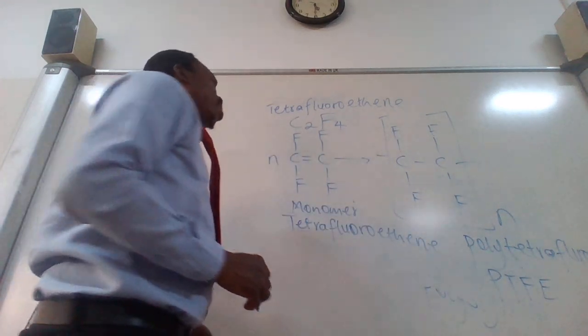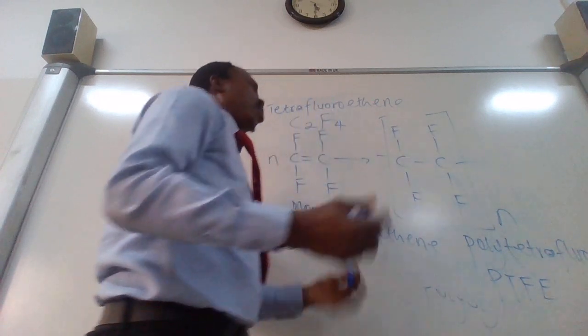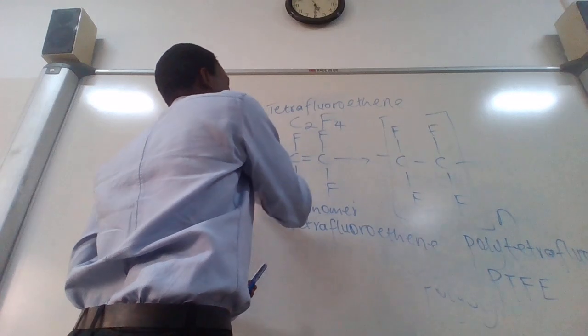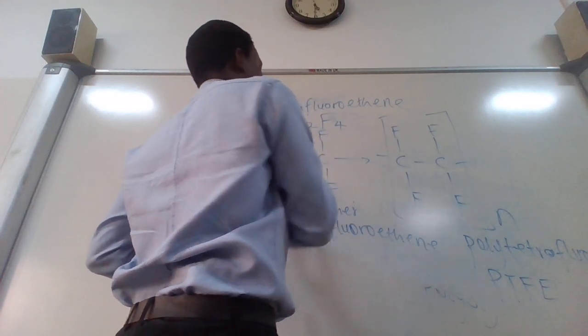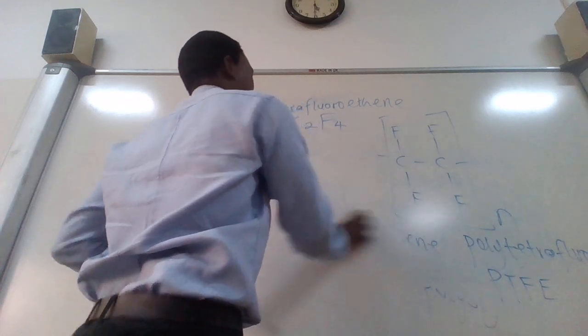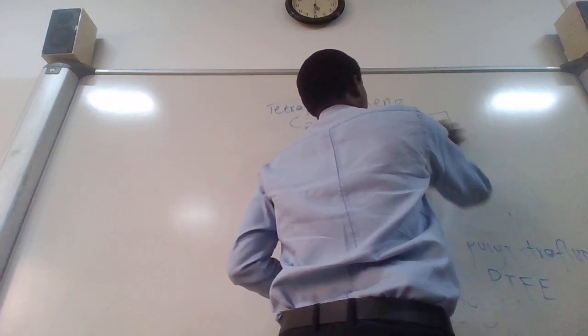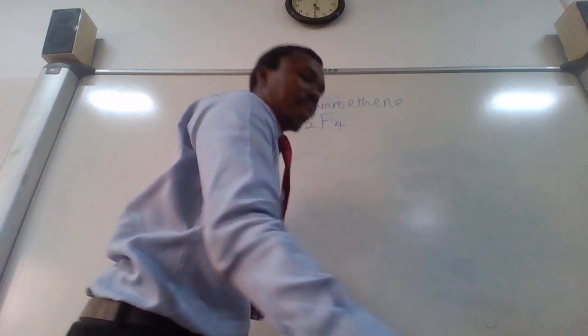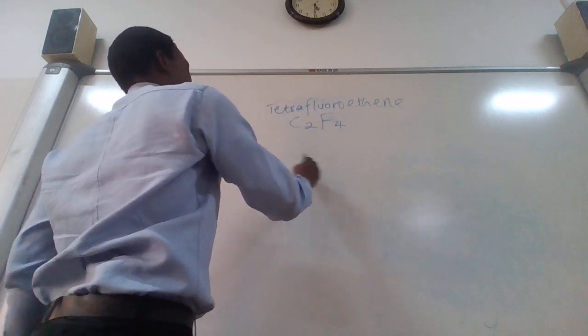So you might be asked to draw 3 repeat units of polytetrafluoroethene. It's as simple as ABC, the same pattern. So I'm going to erase this so that I'll draw the 3 repeat units. So let's just draw 3 repeat units of polytetrafluoroethene.